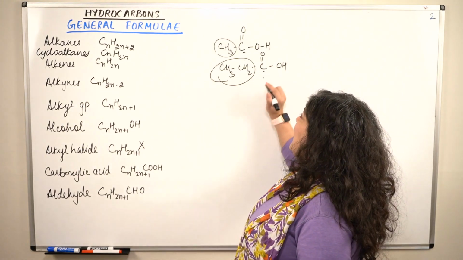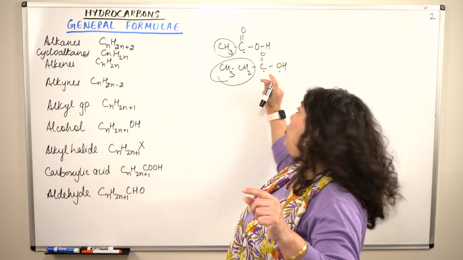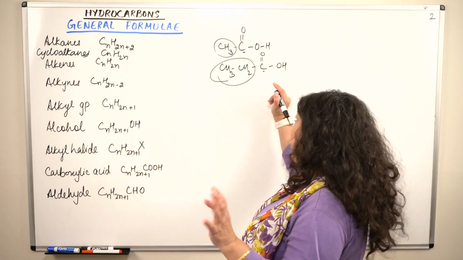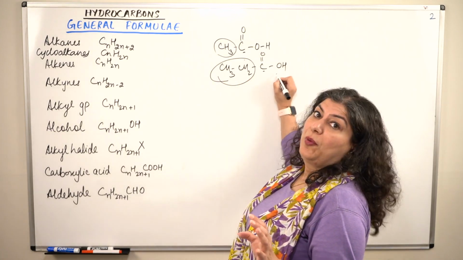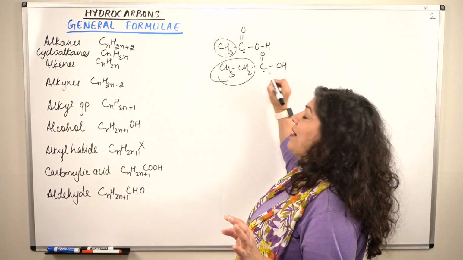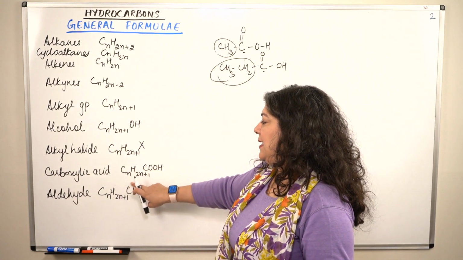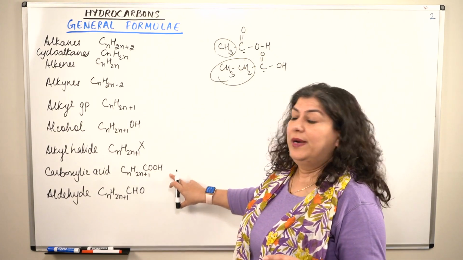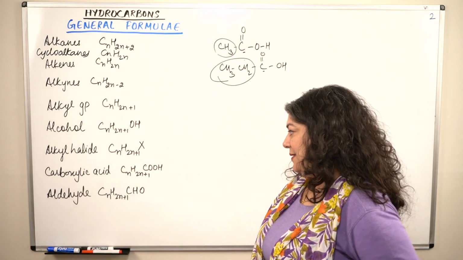We'll call it propanoic acid because this carbon is actually a part of the chain. Although it has the functional group attached and carbon is a part of that functional group, yet it is the first carbon. So this will be propanoic acid. It has 3 carbons. But the general formula for a carboxylic acid is CnH2n+1, just like the alkyl group here, and COOH, where this C also has to be counted in the carboxylic acid.